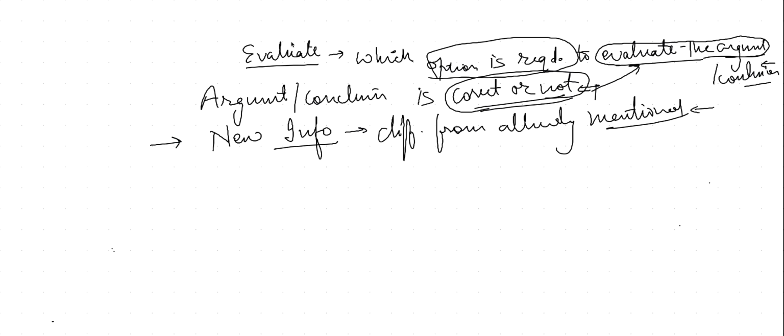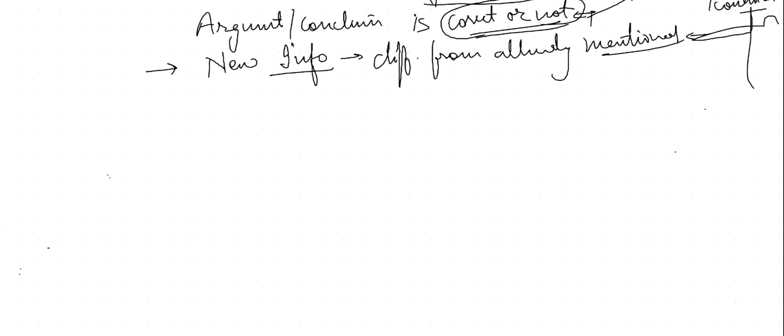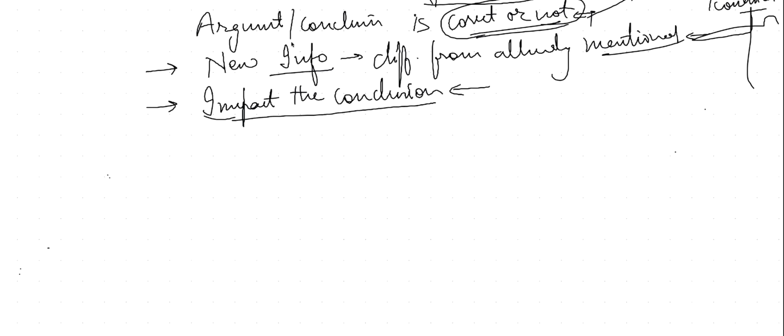So anything that is required for evaluation has to be different from what is already given to me. And second thing, it must have the ability to impact the conclusion. That would be there with all CR questions, doesn't matter which topic we're talking about.